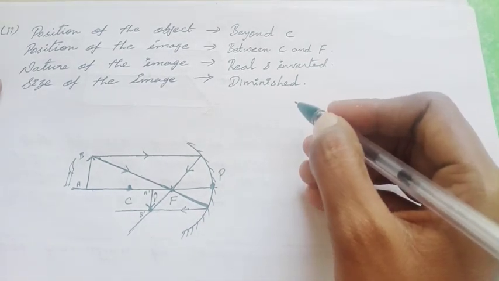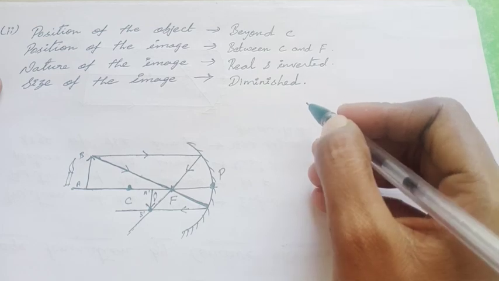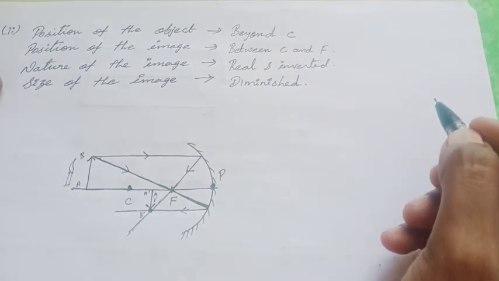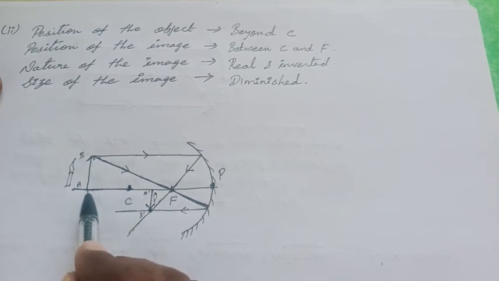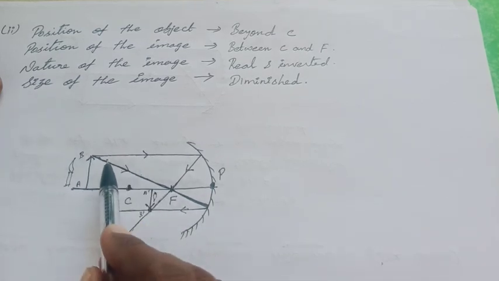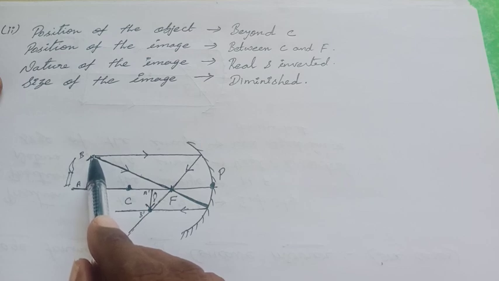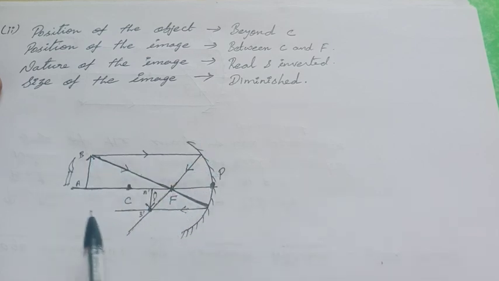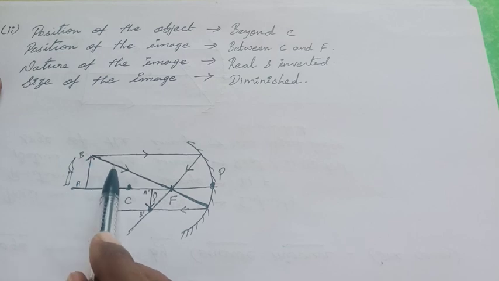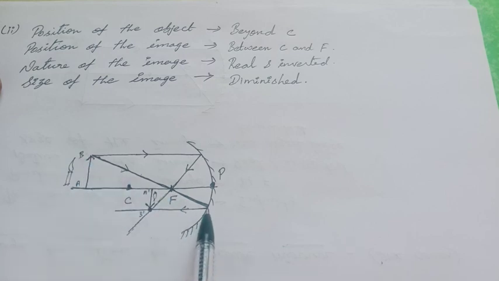So this is about the second case of the image formation of the concave mirror. Is it clear? See, once again, the position of the object is beyond C. So we are applying the first rule. When the ray is parallel, it passes through the focus. And we are applying the second rule. When the ray passes through the focus, the reflected ray becomes parallel to the principal axis.